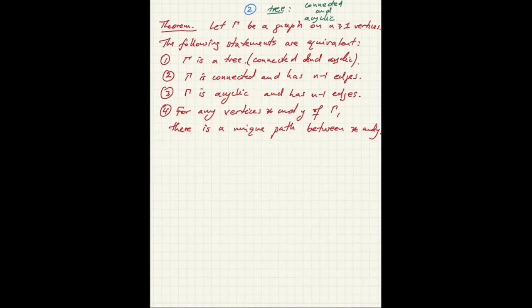And part 4 is a little bit different. It's a kind of global condition, which requires that between any two vertices, there is a unique path between them. Okay. So let's see how we prove this. I'll prove some of these implications and leave some for you to do.